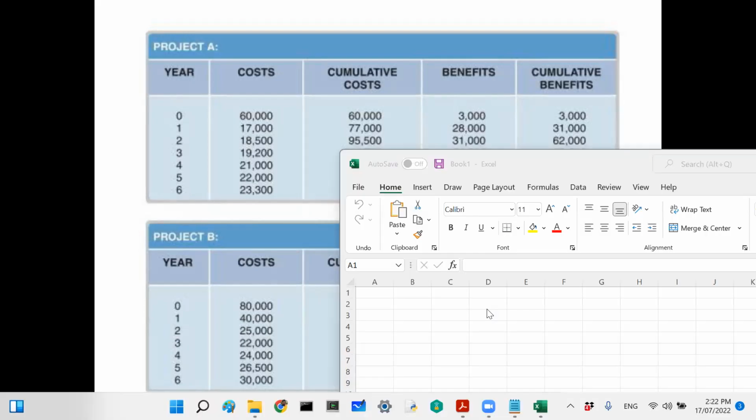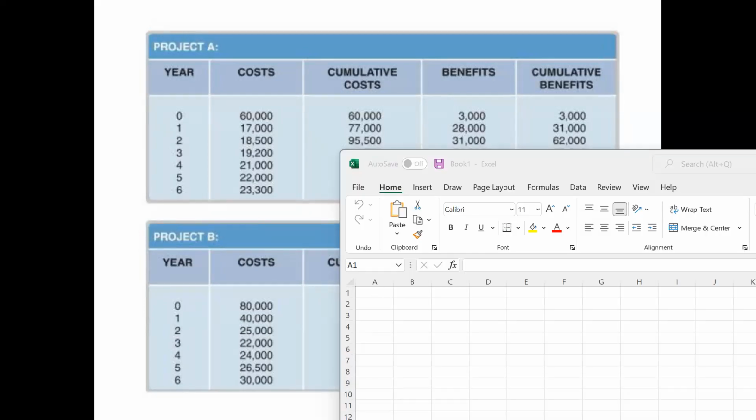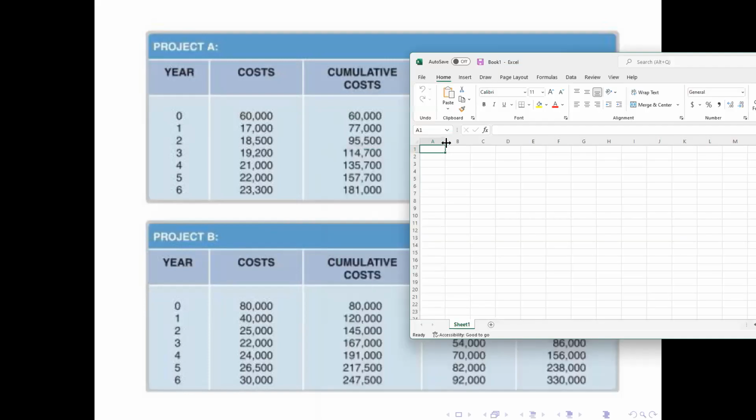Right, so I will take a simple Excel sheet. I will do this for project A. You can do this for project B. So I'm going to have cumulative costs and benefits.